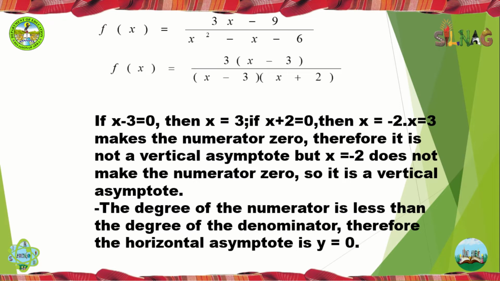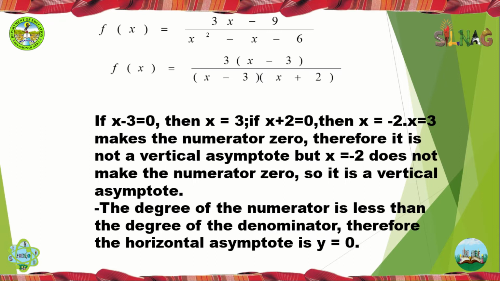So we have to factor the numerator and the denominator. Then the factors of the numerator are 3 and the quantity of x minus 3 by common factoring. Then the factors of the denominator are the quantity of x minus 3 times the quantity of x plus 2.